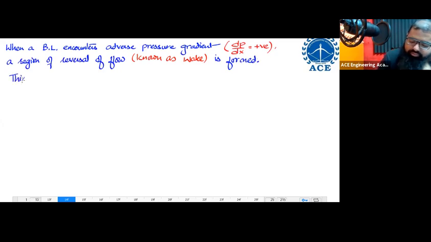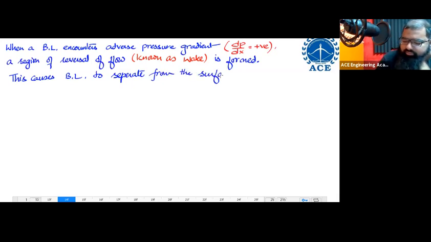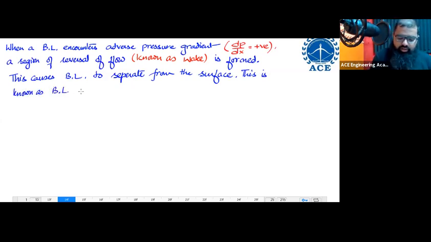This causes the boundary layer to separate from the surface. This is known as boundary layer separation.